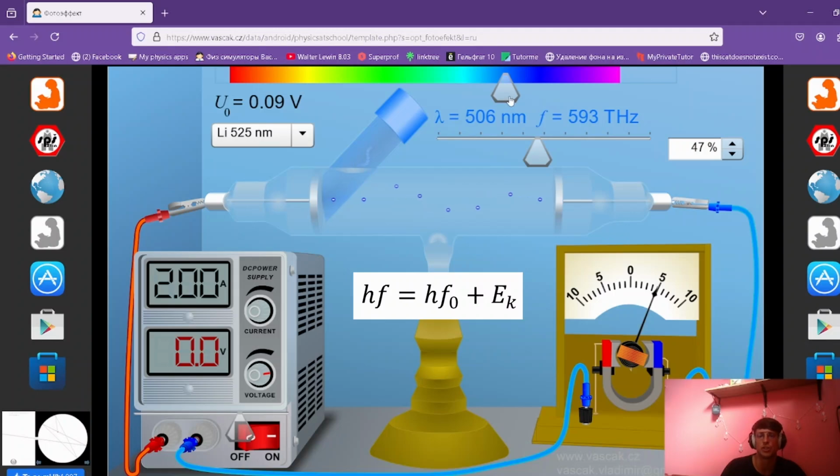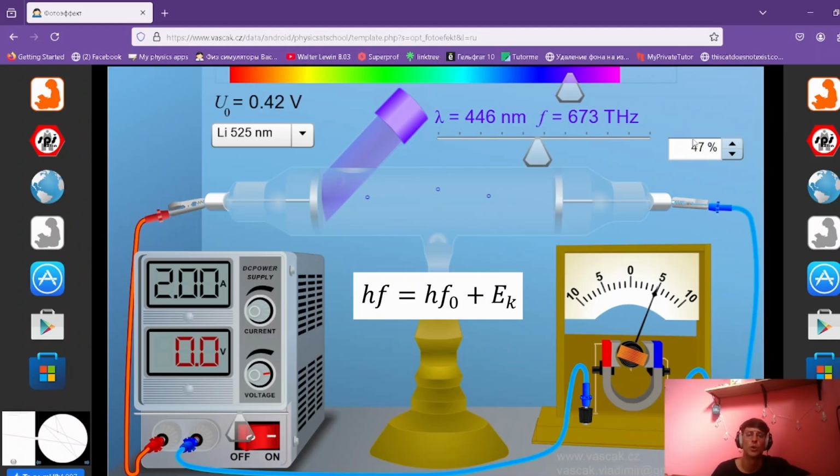So more energy of light that we shine, more kinetic energy, because this work function doesn't depend on frequency, wavelengths, or anything else. It depends only on the metal itself and how it's polished and etc. Only on the metal itself. If it's lithium, we need the energy of 525 nanometers at least to just eject these electrons from this metal. And anything else that we have more than this energy will go for kinetic energy of these electrons.